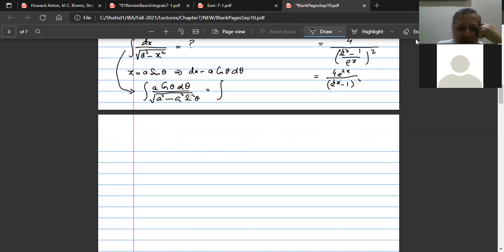What happens now? The numerator is very simple. In the denominator, if I take a square common, बाहर आके ये सिर्फ a रह जाएगा, and inside I will have only 1 minus sin square theta. This a cancels out, and what remains? In the numerator cos theta d theta, what is there in the denominator? What is 1 minus sin square theta equal to?